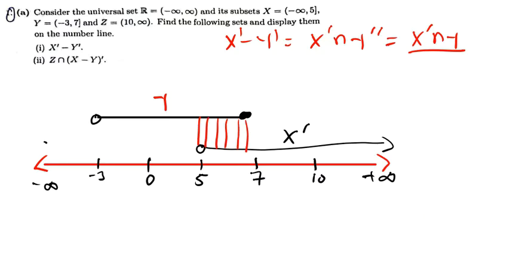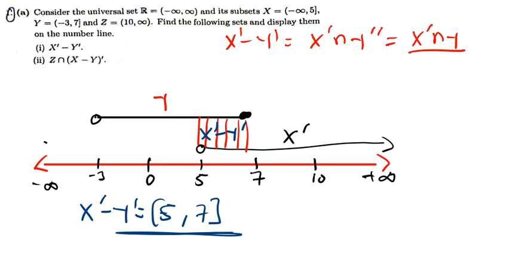So where I have shaded, that is the part where it is x complement minus y complement. So therefore x complement minus y complement is equal to from this point all the way to 7, but 5 is not included. Remember, 5 is not included, but 7 is included.